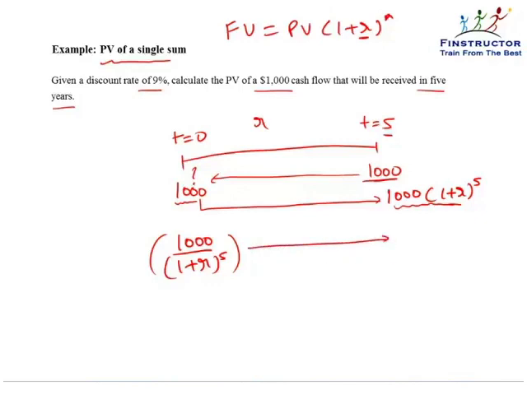At t equal to 5, it will be the amount today into 1 plus r to the power n. So it would be 1,000 upon 1 plus r to the power 5 into 1 plus r to the power 5, or it would become $1,000. So $1,000 at t equal to 5 is the same as 1,000 upon 1 plus r to the power 5 today.